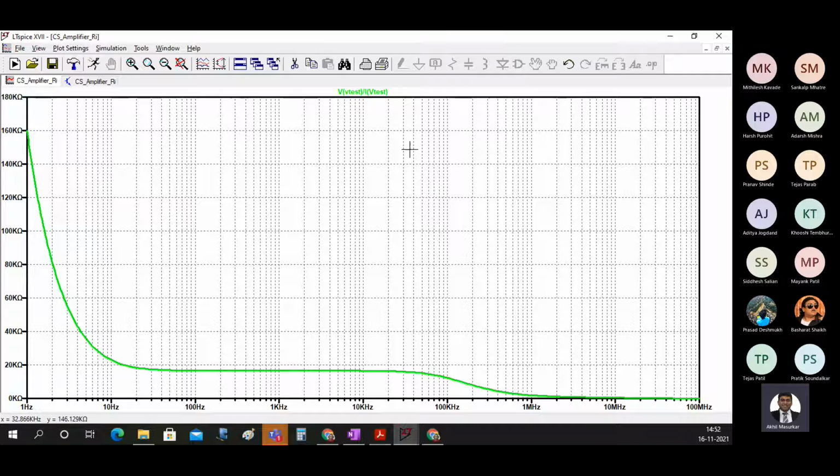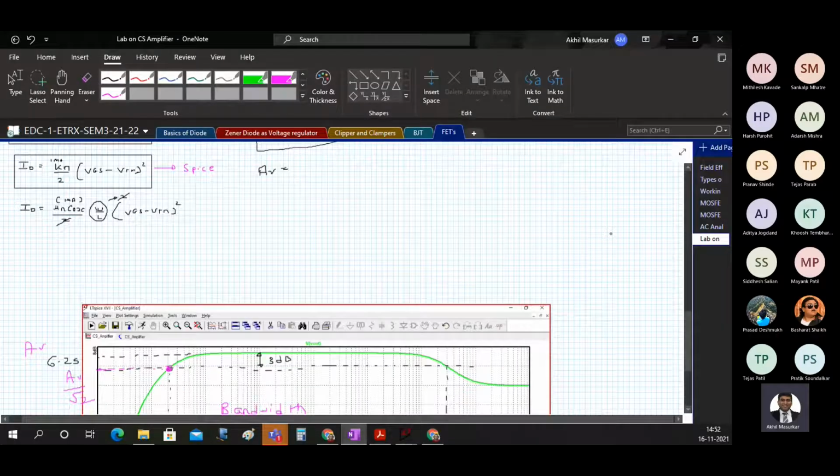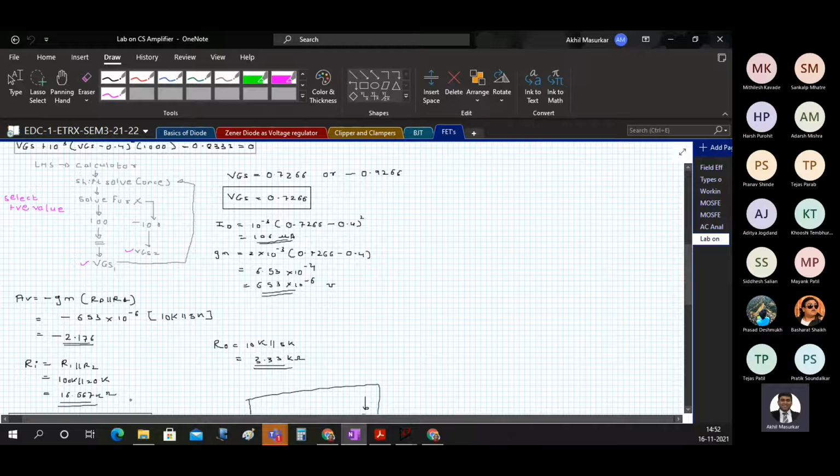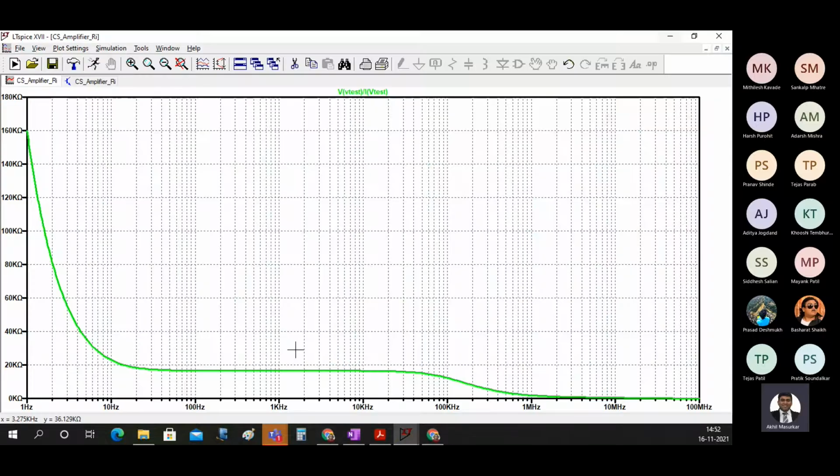Now, what I want you to understand is that till date we used to feel that RI is a constant, RI is not changing. But this 16.67 kilo ohms is actually the input impedance in the mid frequency.